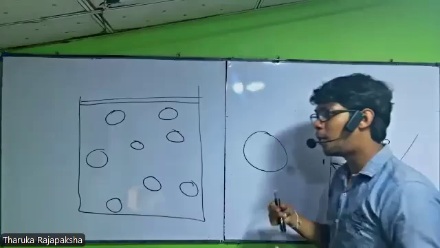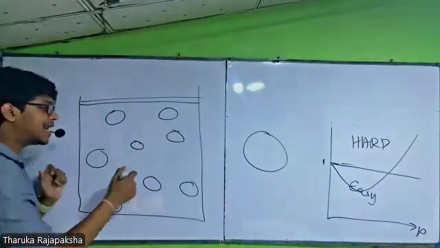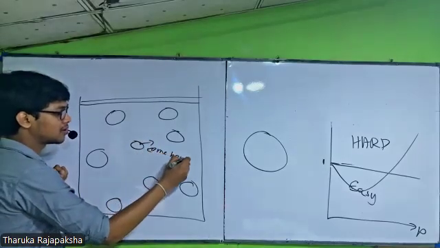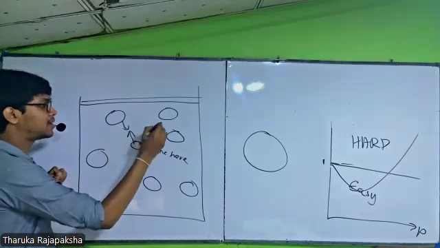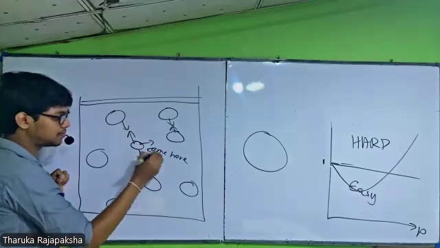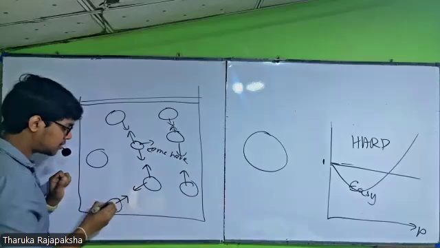Why is that? More and more easier means why? People, they are attracting each other. He's telling to him, come here. Why? They are real gases. They have intermolecular forces.